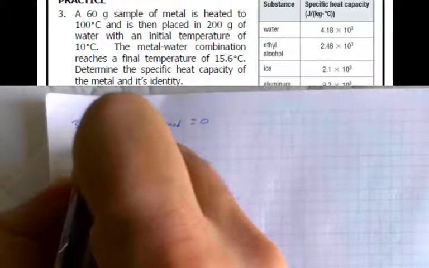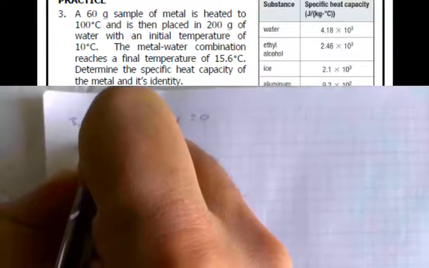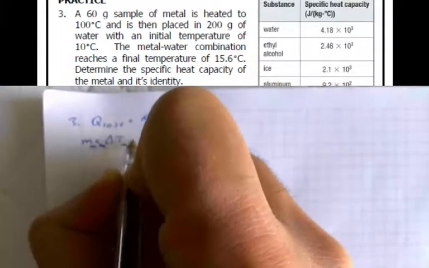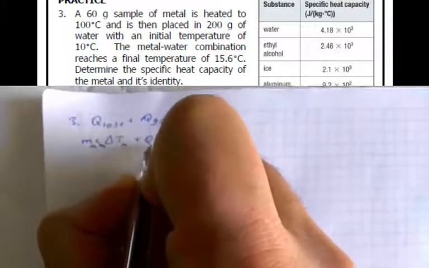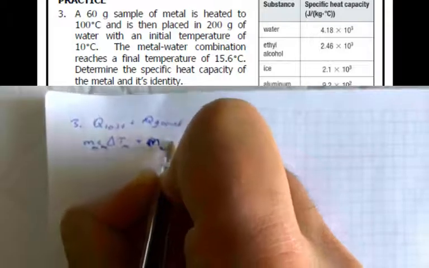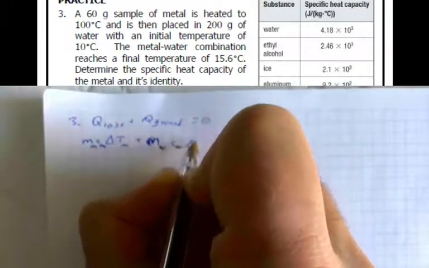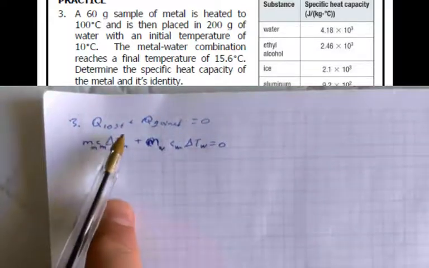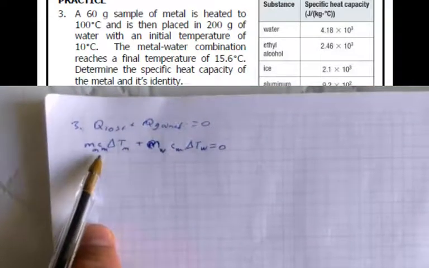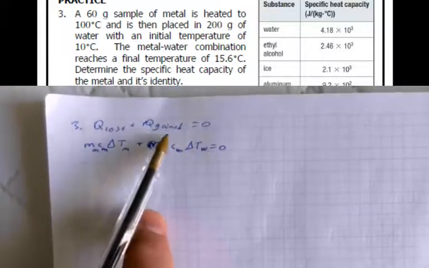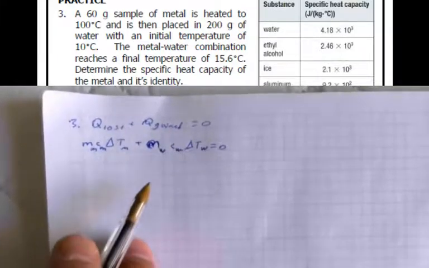I'm going to call this subscript m, plus the water, which gains everything. So Q, I'm going to rewrite it as m subscript w, c subscript w, delta T subscript w. So what I've done here is I'm labeling that my metal is the one that's losing, my water is the one that's gaining.